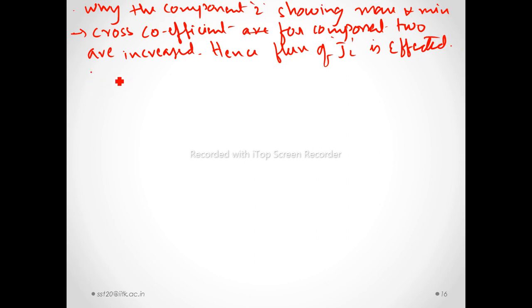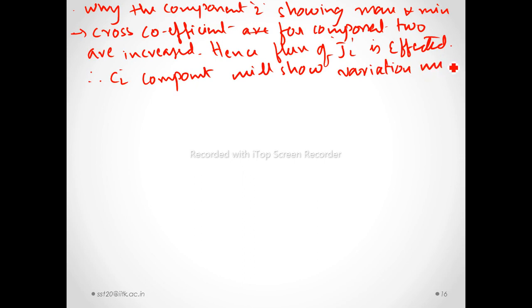Therefore, the C2 component will show variation with maxima and minima.